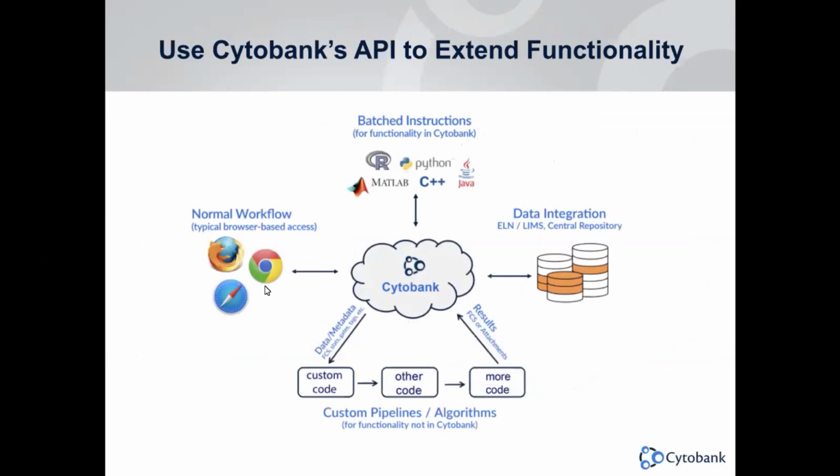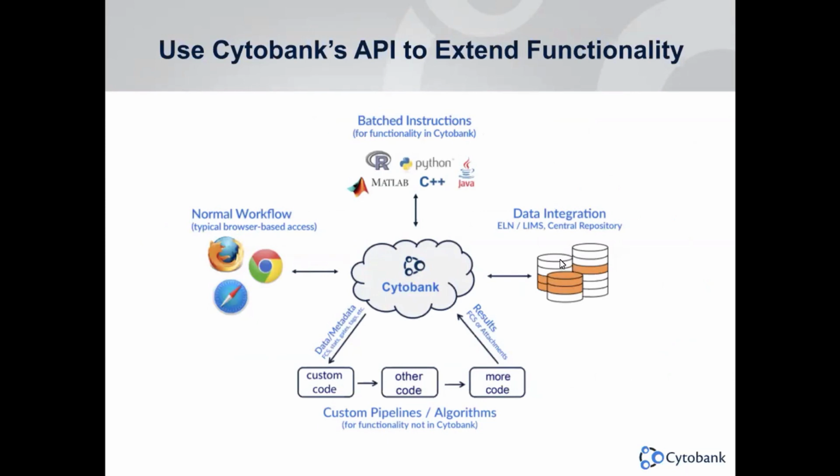Normally, users access the data using a web browser for Cytobank. You can gate your samples. You can run Visne run requests to the cloud within your browser. But the API really extends the functionality, where you can send batched instructions to batch upload and download data to Cytobank.